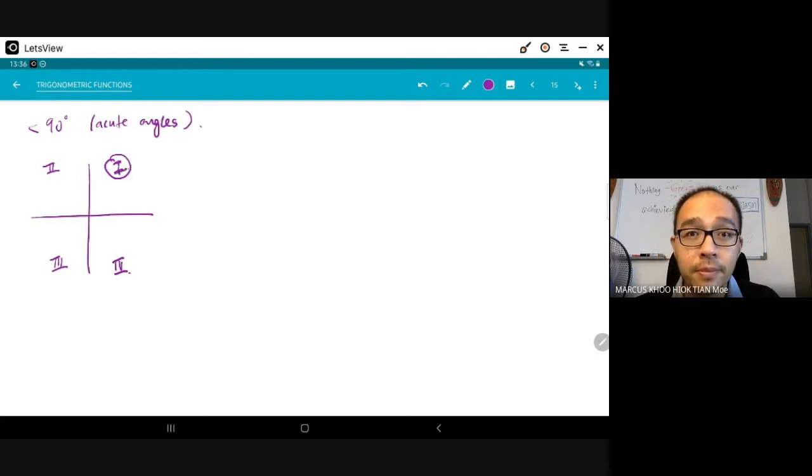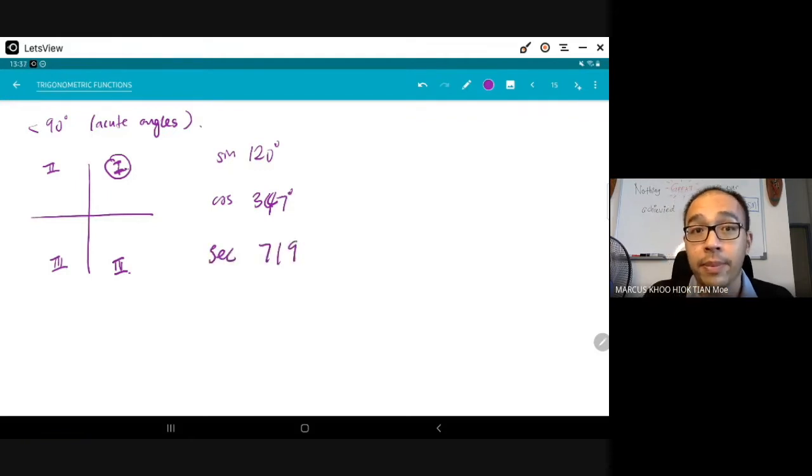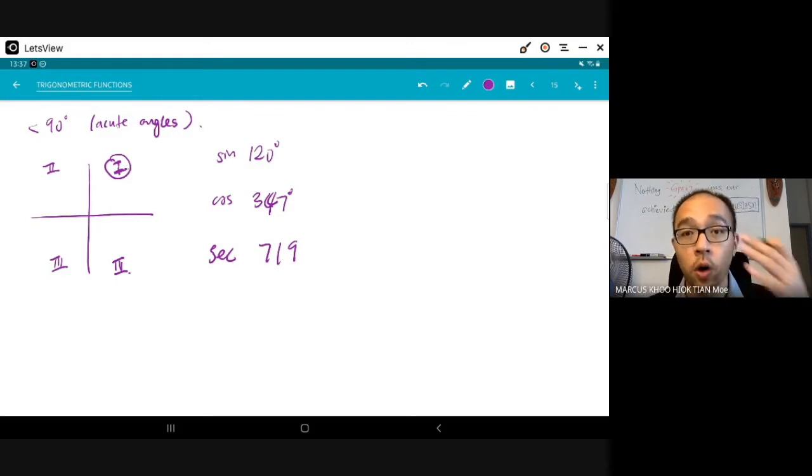So what happens if I ask you to find the value of sine 120, or cos 347, or secant 719, for example? What are the steps that we need to take in order to do this?